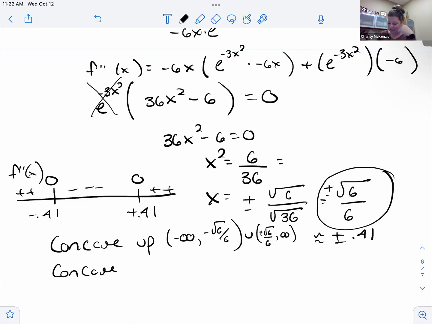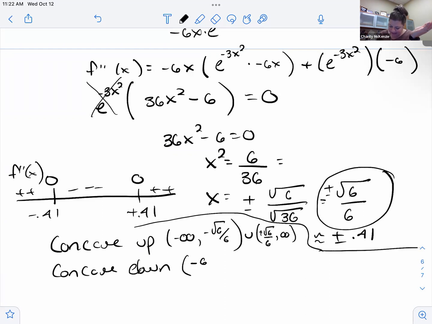Oosh, I squished it in there. It's all very pretty. Okay, there you go. Concave down, that's going to be negative square root of 6 over 6 to square root of 6 over 6, or negative 0.41 to 0.41, that middle section. Oh my goodness.